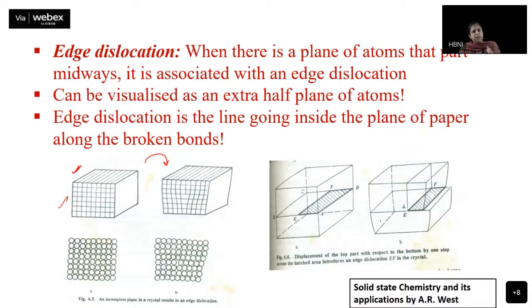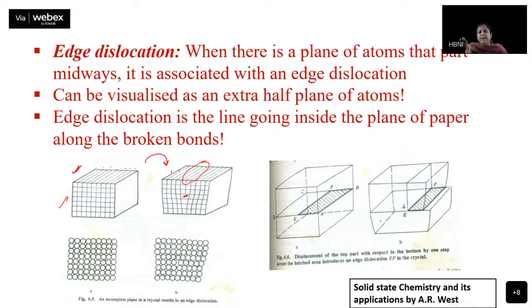And hence we can talk about all the rows of planes lined here. But when you come to this particular cube, what do you see? The plane starts from the top, comes to the end. But here comes a point when this particular plane actually starts from the top, but it stops midways. Okay. This is where we have the dislocation that is called edge dislocation.